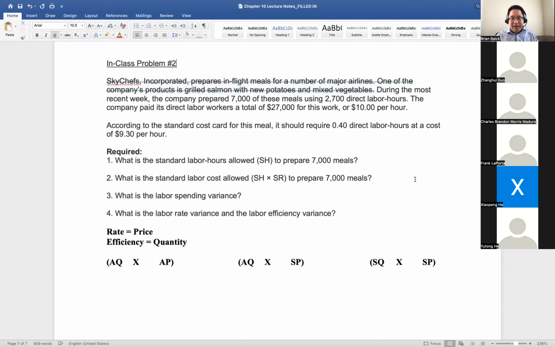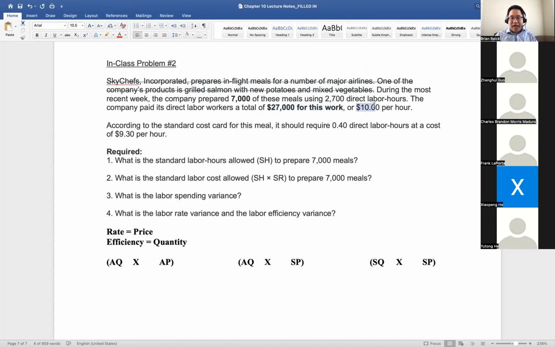It says during the most recent week, the company prepared 7,000 of these meals using 2,700 labor hours. The company paid its direct labor workers a total of $27,000 for this week's work, and it was $10 per hour.